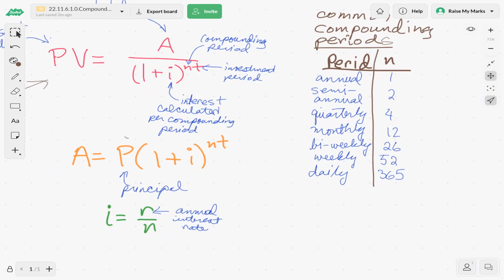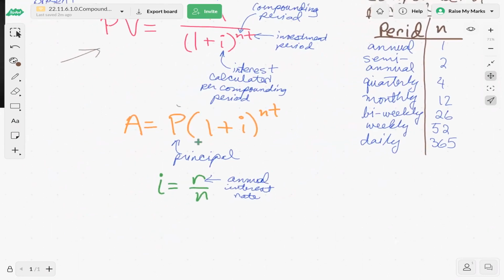What else do we have here? Our orange formula is the amount, A. How do we find that? This is where our principal, the original amount of money that we're investing, comes in, and we multiply that by (1 plus I) raised to the power NT. Again, I is our interest calculated per compounding period, N is our compounding period, T is our investment period.